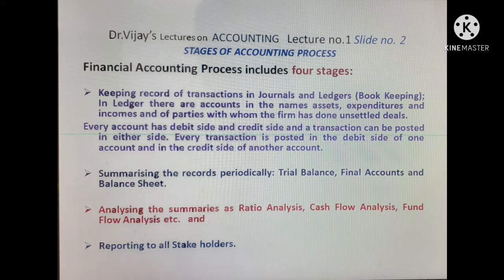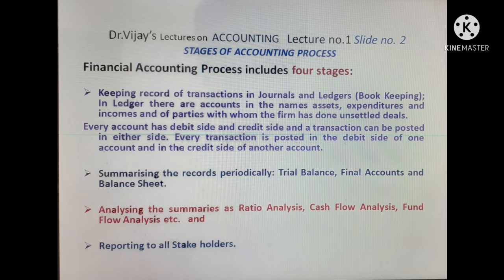Every account has a debit side and a credit side, and a transaction can be posted on either side. Every transaction is posted in the debit side of one account and in the credit side of another account. Now the third stage is summarizing the records periodically in the form of trial balance, final accounts and balance sheet.